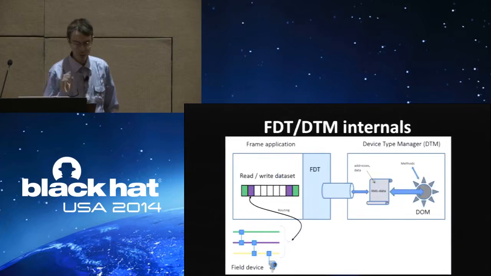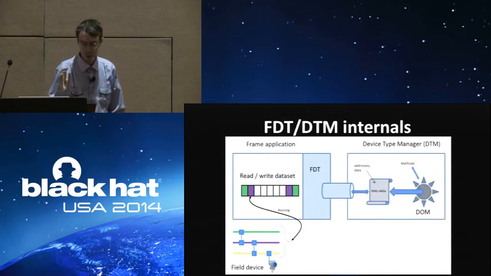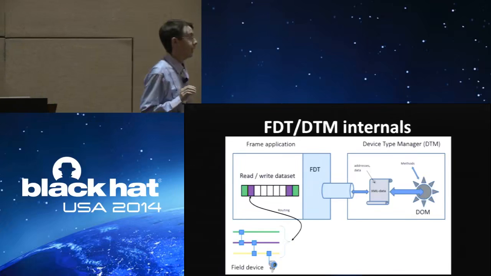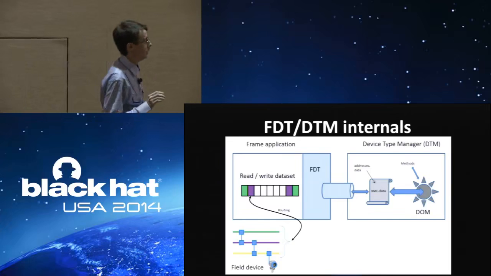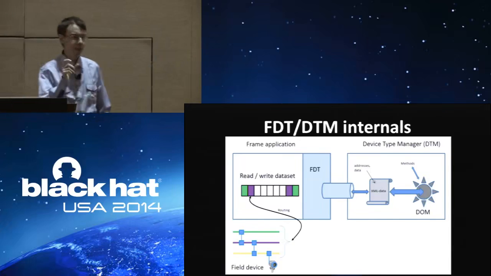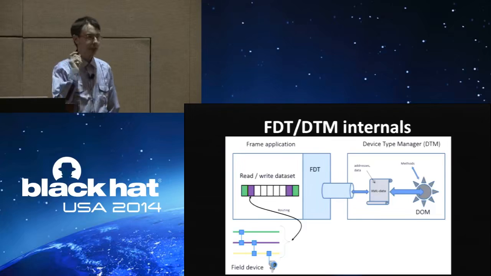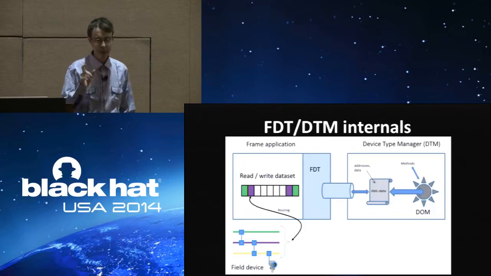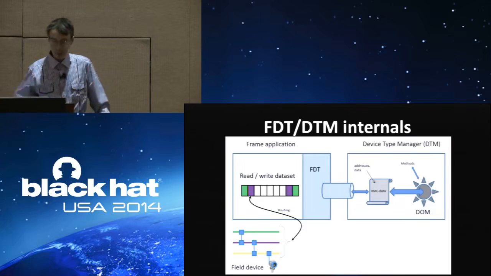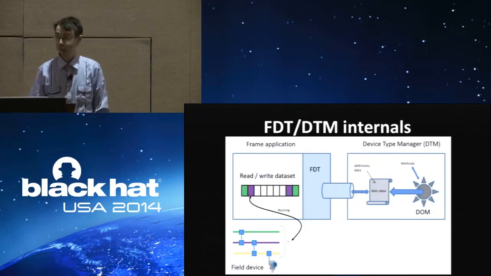The internal architecture of FDT/DTM is a bit complex, but the most important thing here, I don't know if you see this or not, is the XML messages. The XML data is the core of the PAS and FDT/DTM specifications. And when I see XML, I want to hack it immediately.